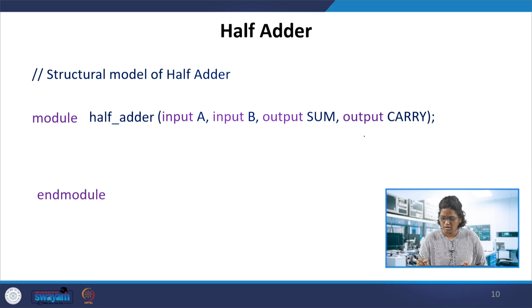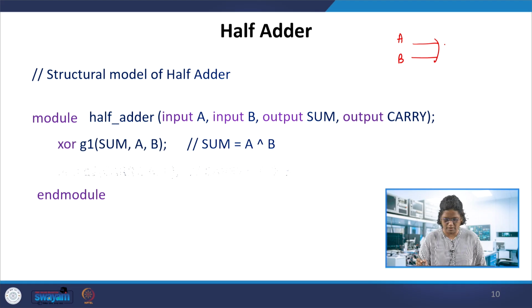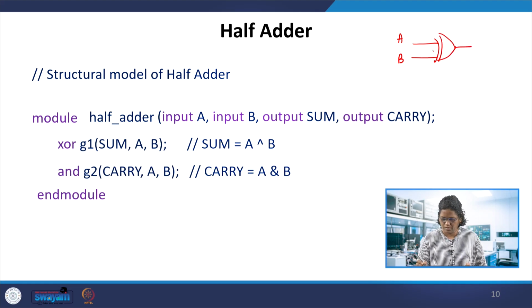In the diagram, we have a and b going to an XOR gate, giving sum, and then we take a and b and give them to an AND gate, and you get the carry over here. So that is how a simple half adder structure is going to be.